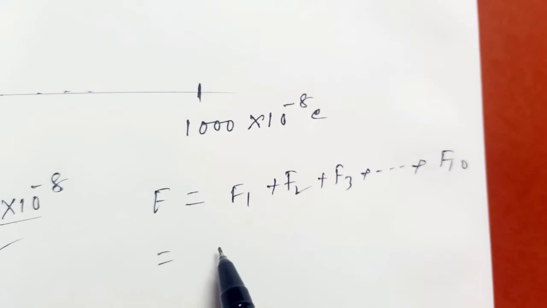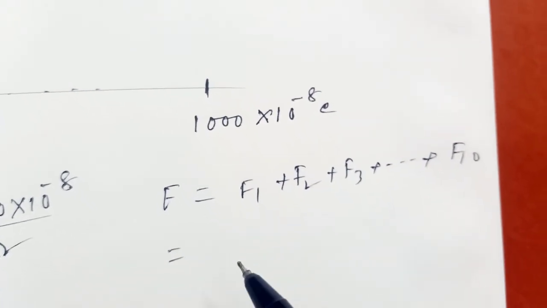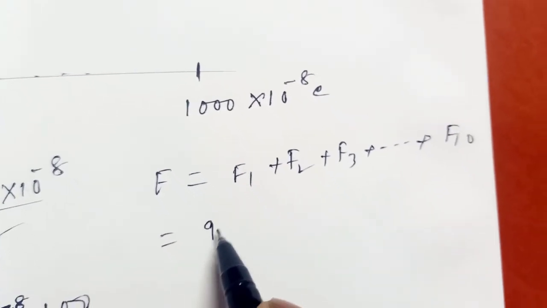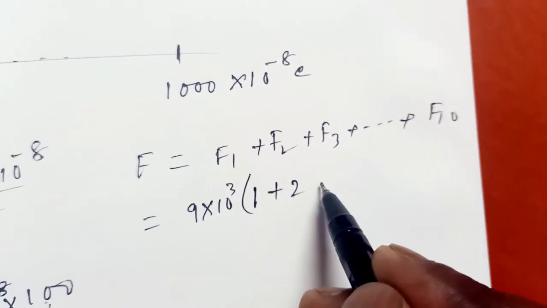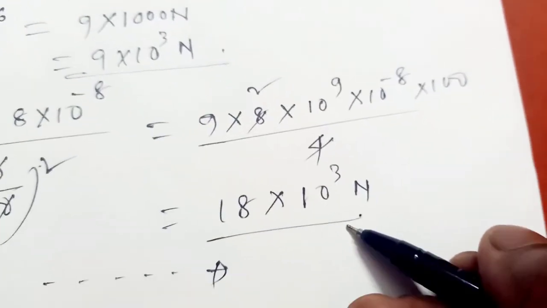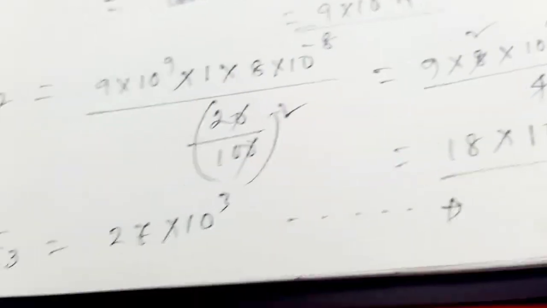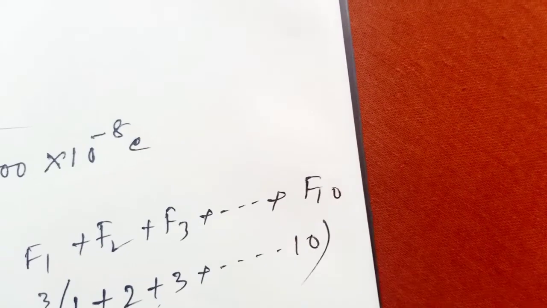So if we take 9 into 10 to the power 3 common, the first one is 1 and the second is 2, because it is 18 into 10 to the power of 3, and the third one is 27 into 10 to the 3. So 1 plus 2 plus 3 plus dot dot dot up to 10.